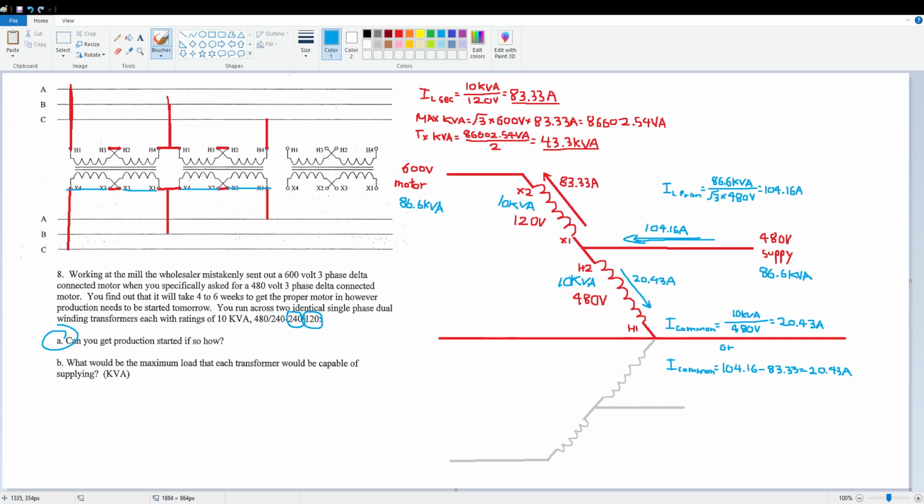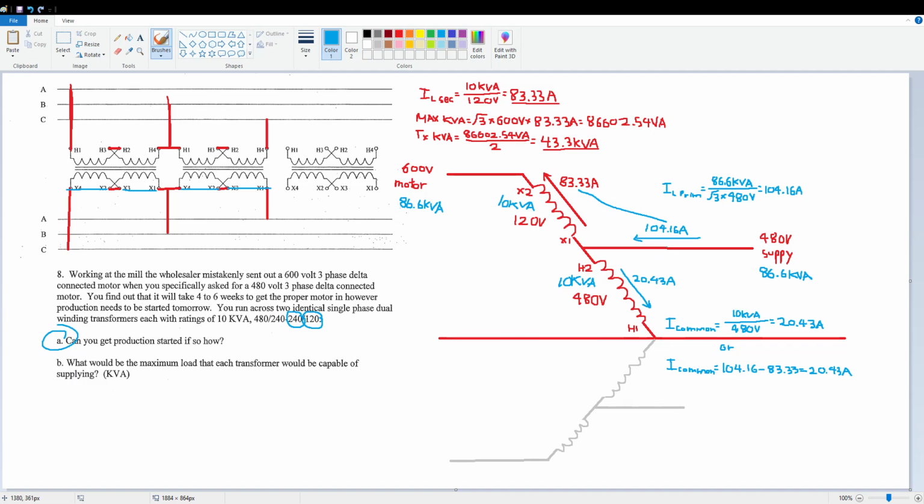And it's flowing this direction. The reason why I use 86.6 kVA here and here is because it's the rule of transformers: kVA in, kVA out. So they're going to be the same. Same kVA on the motor and on the supply. And that gives you this current.